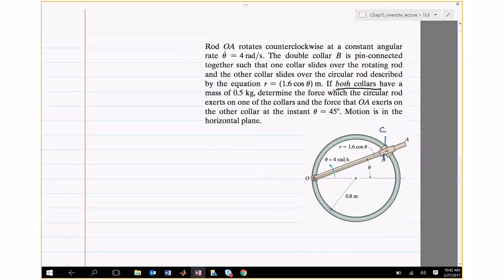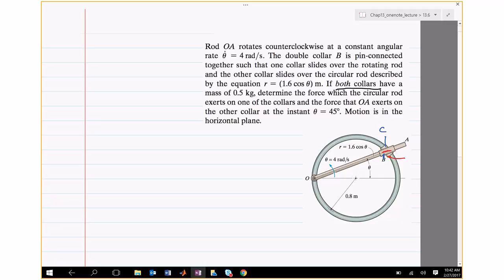So rod OA rotates counterclockwise at a constant angular rate of 4 radians per second. There's a double collar B, pin connected together such that one collar slides on the rotating rod OA, and the other collar, shown as C, slides along the circular rod, whose equation is r equals 1.6 cosine of theta.